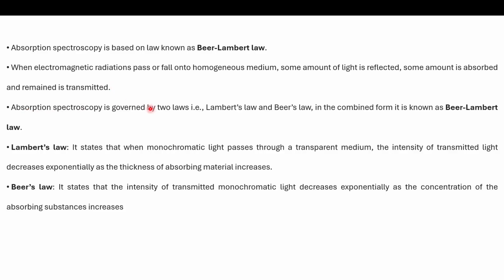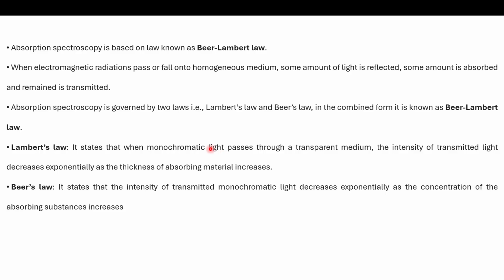Absorption spectroscopy is governed by two laws, Lambert's law and Beer's law, which are combined to give the Beer-Lambert law. So what does Lambert's law suggest? It concerns monochromatic light, where the monochromator, out of several wavelengths, allows only a certain wavelength of light to pass through it.